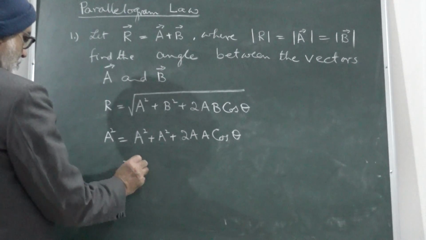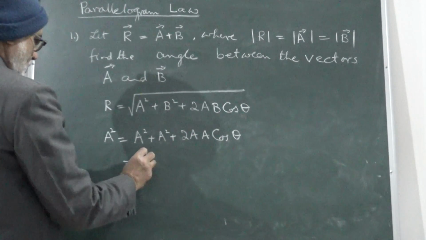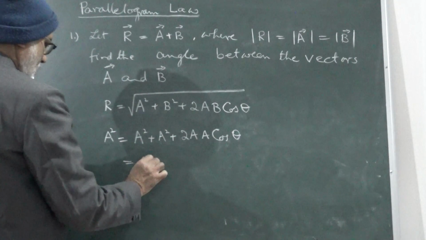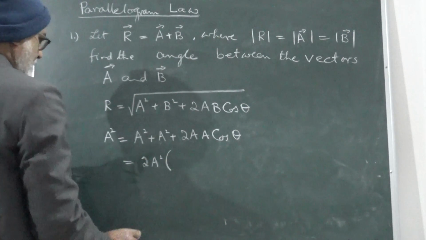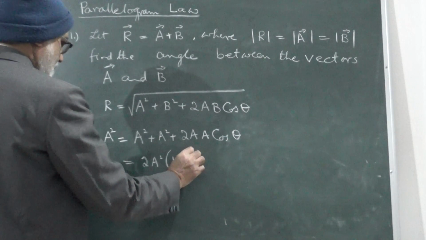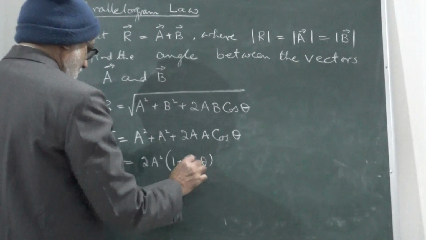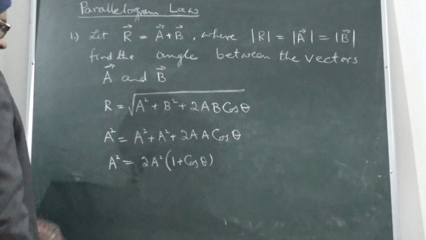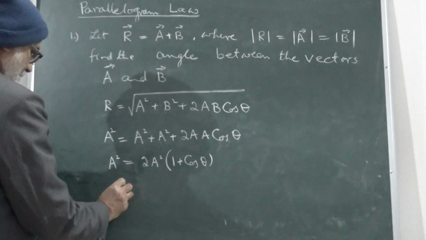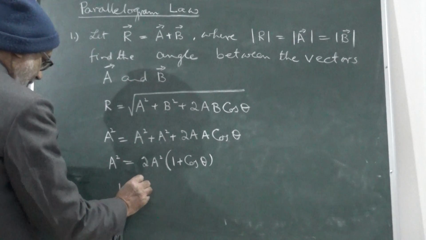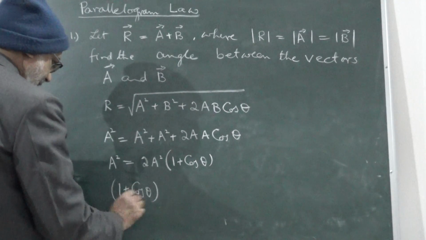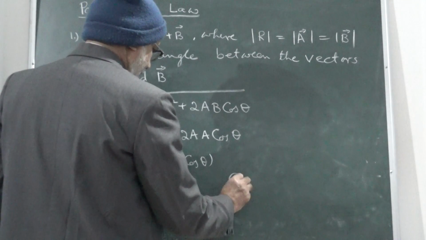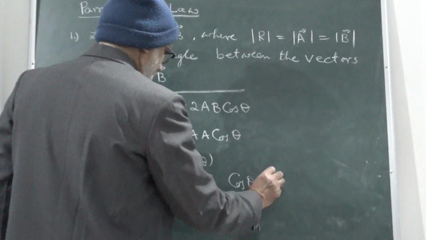So it is A square plus A square plus 2A square cos theta. So it is 2A square common, 1 plus cos theta. A square equals 2A square into 1 plus cos theta, so 1 plus cos theta is 1 by 2, and cos theta will then be minus 1 by 2.